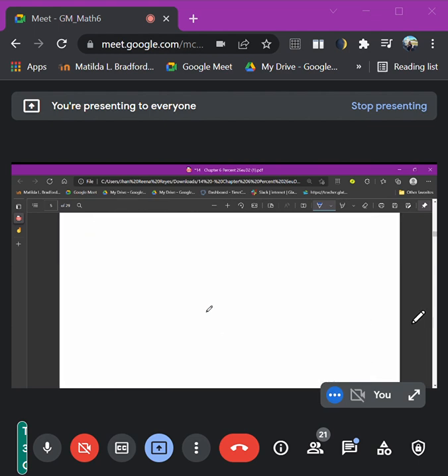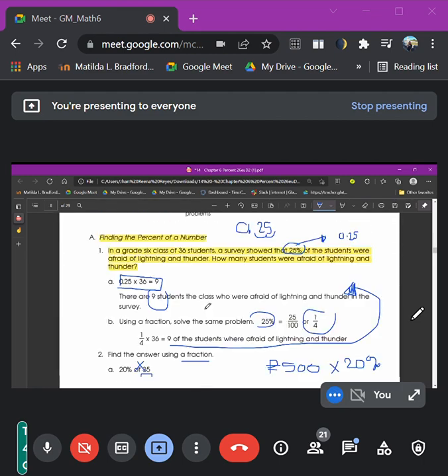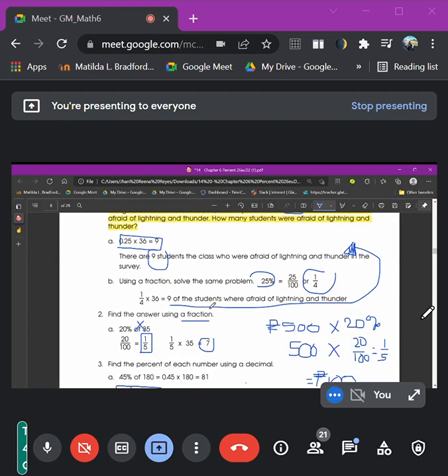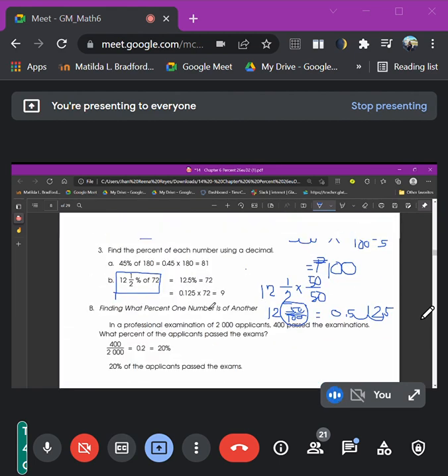Yes, sir. Yeah, 12 and 1 half. So what we did here is change it into fraction form, so that you won't get confused, class.